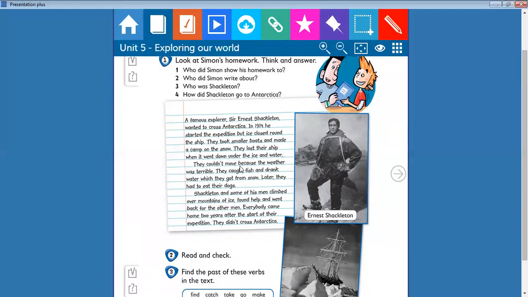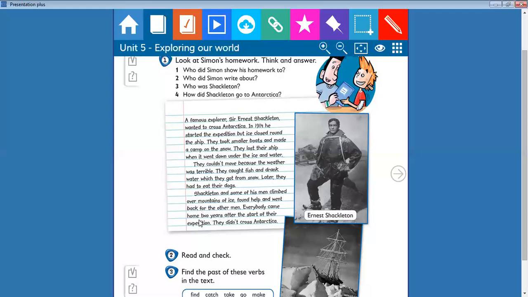They couldn't move because the weather was terrible. They caught fish and drank water which they got from snow. Later, they had to eat their dogs. Shackleton and some of his men climbed over mountains of ice, found help, and went back for the other men.